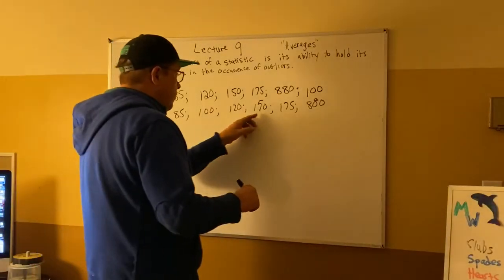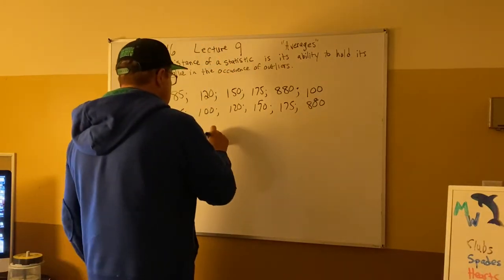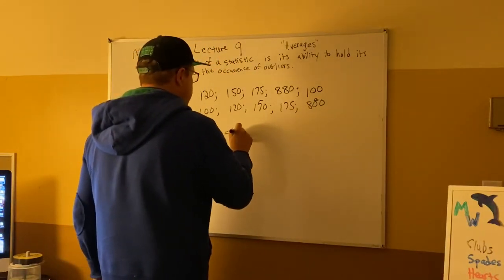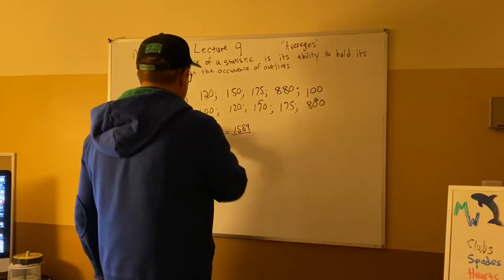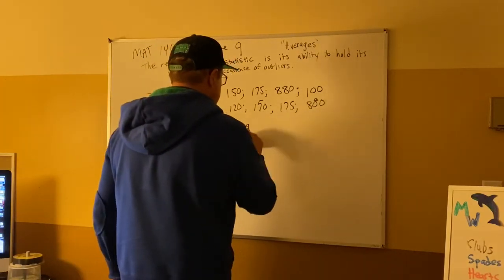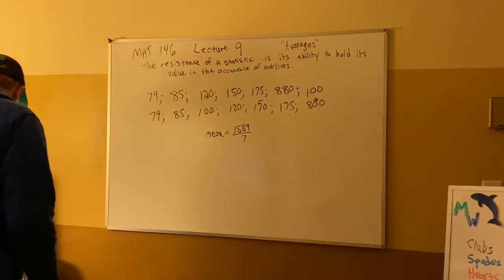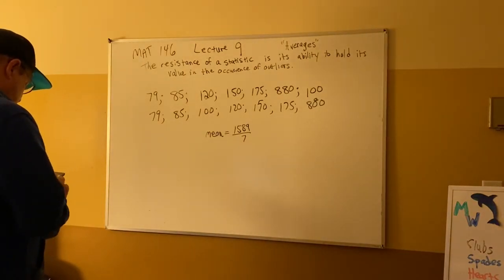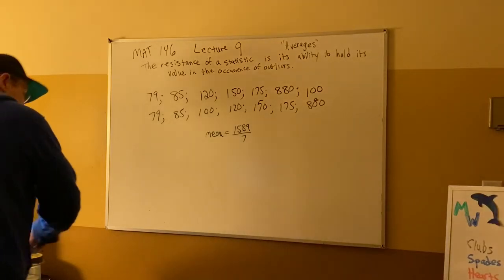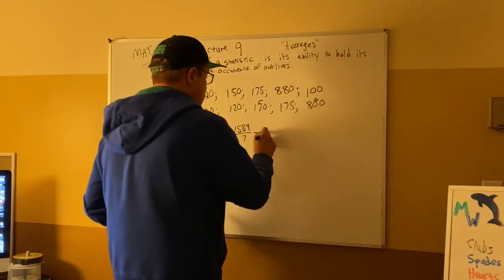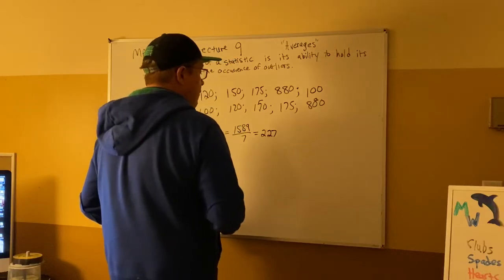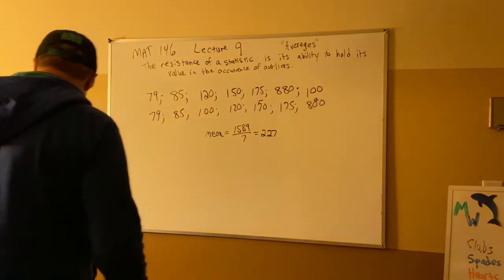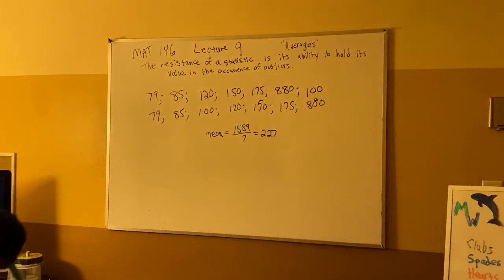Mean equals 1589 over 7, since there are seven values. See about what the average, according to the mean, house price is. Divide by 7, and it equals 227. That's thousands of dollars. So when people say, I want to buy a house in Bridgetown, good luck. The average house costs $227,000.